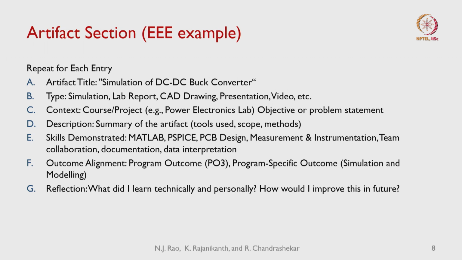What is the type? Simulation, lab report, CAD drawing, presentation video, all of them. Am I using all of them? Whatever that I am including, that is the type of entry. Context, is it part of a course or a project? And objective or problem statement can also be included in that. That is the context.